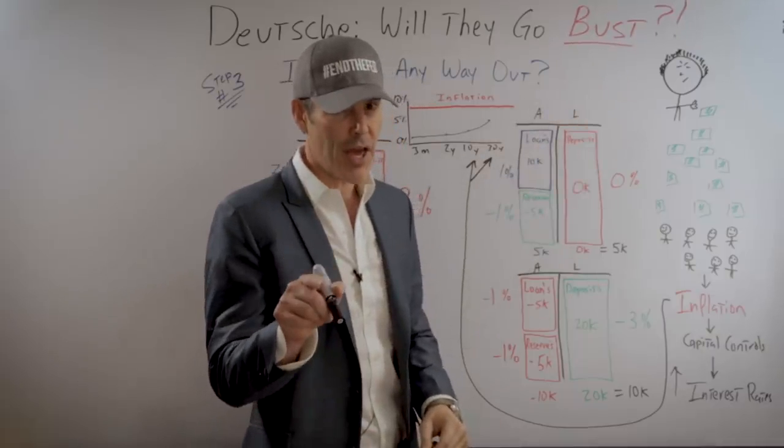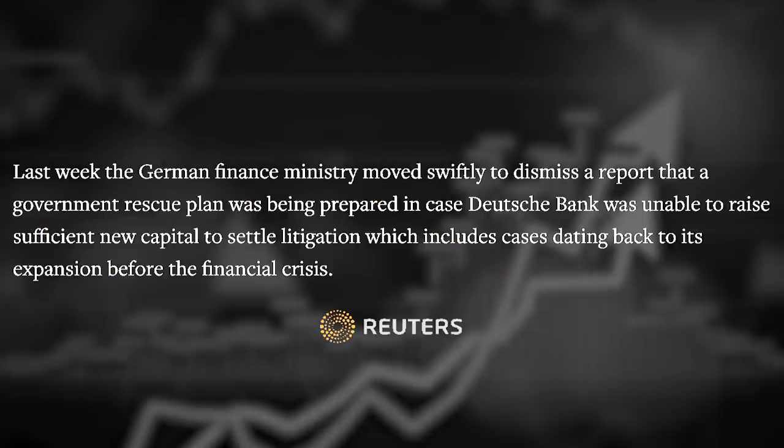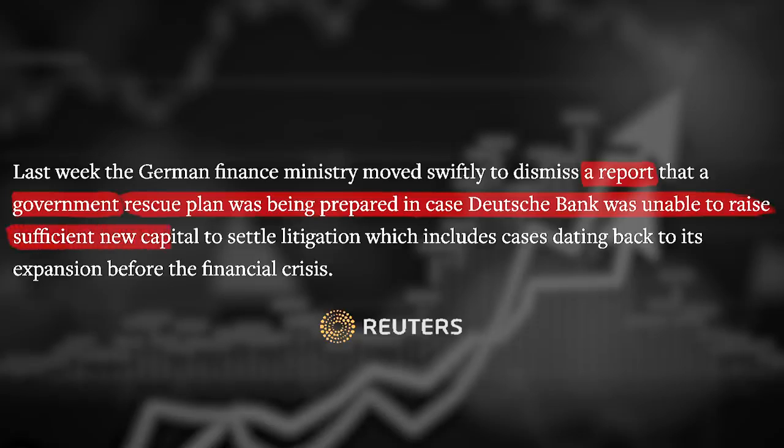And to answer that, let's go right back to that Reuters article. Back in 2016, there was a report that the German government had a rescue plan that was being prepared in case Deutsche Bank was unable to raise sufficient new capital.